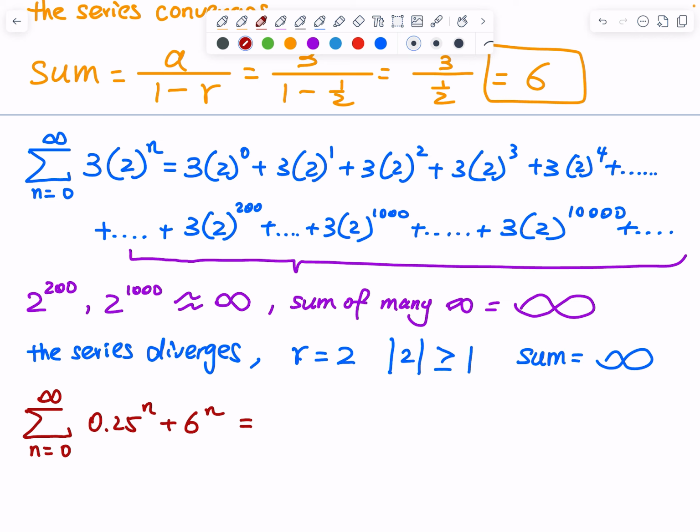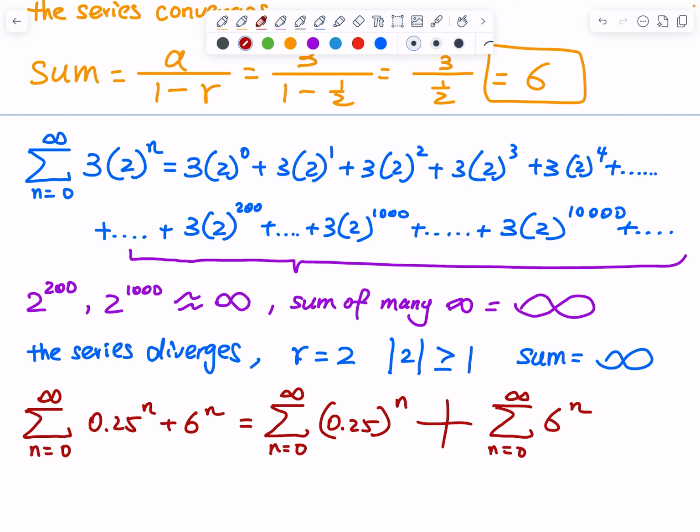Likewise, you can break that down into 2 individual sums. The first one will be a summation, n from 0 to infinity, 0.25 raised to the nth power. And then because we are adding up the 0.25^n and the 6^n, this is a plus. The summation, n goes from 0 to infinity, 6 to the nth power.